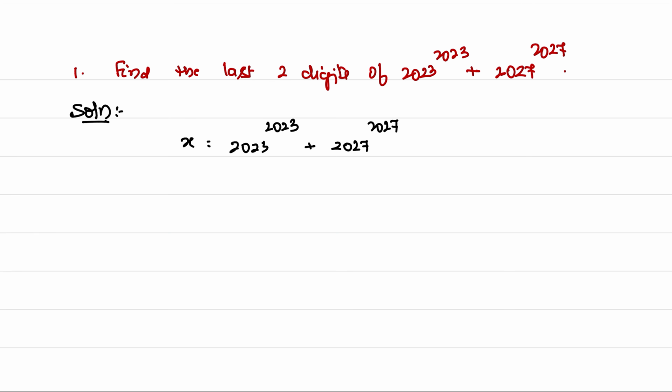Then what we have to compute? We have to compute x mod 100 to get the last two digits.